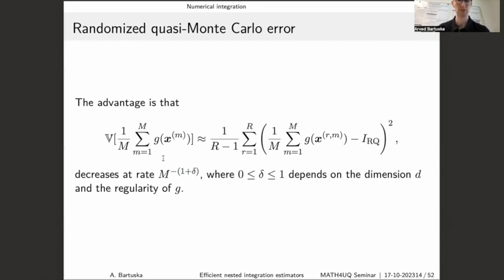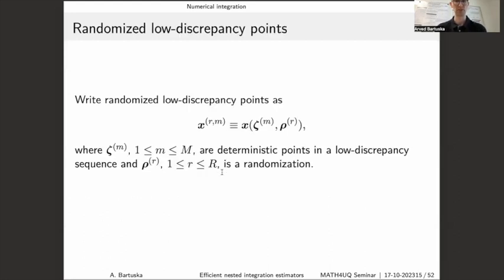So for Monte Carlo, the exponent of m is minus 1, and for quasi-Monte Carlo, it's minus 1 plus delta, where this delta is between 0 and 1. And this delta depends on the dimension and on the regularity of the integrand. So if our integrand is nice and the dimension is not too high, we can use this to our advantage and obtain a quasi-Monte Carlo error that decreases faster than the Monte Carlo error.